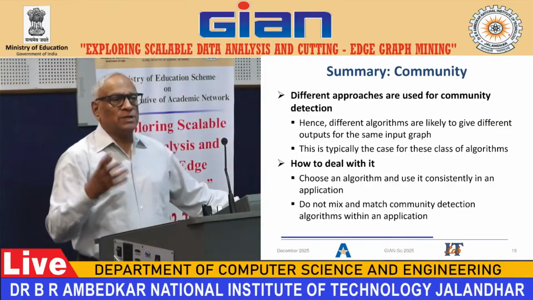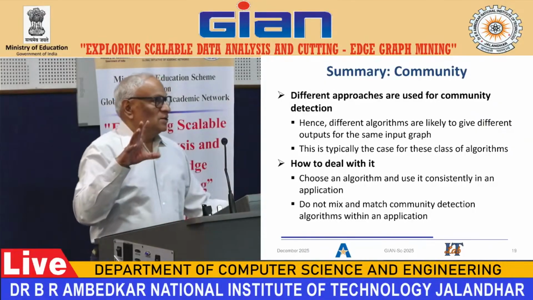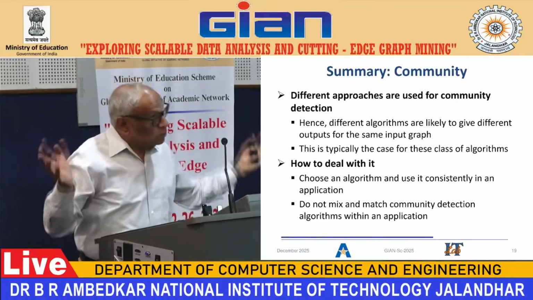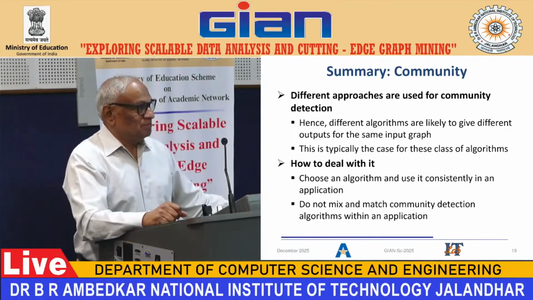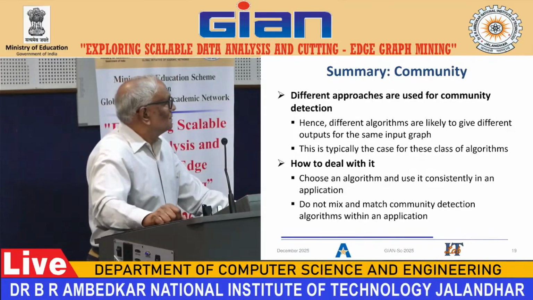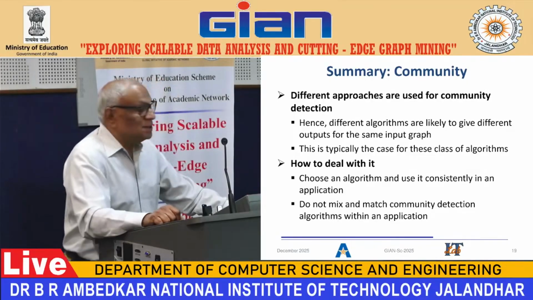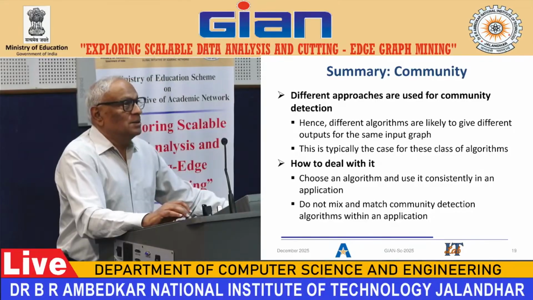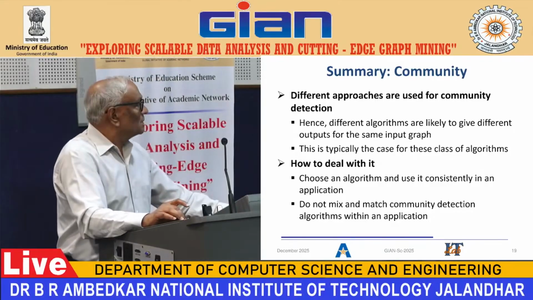But if the graphs are very clear, if you have very well-defined cliques in every graph, both of them will give the same results. This is typically the case for this class of algorithms. So you should not start worrying about them.